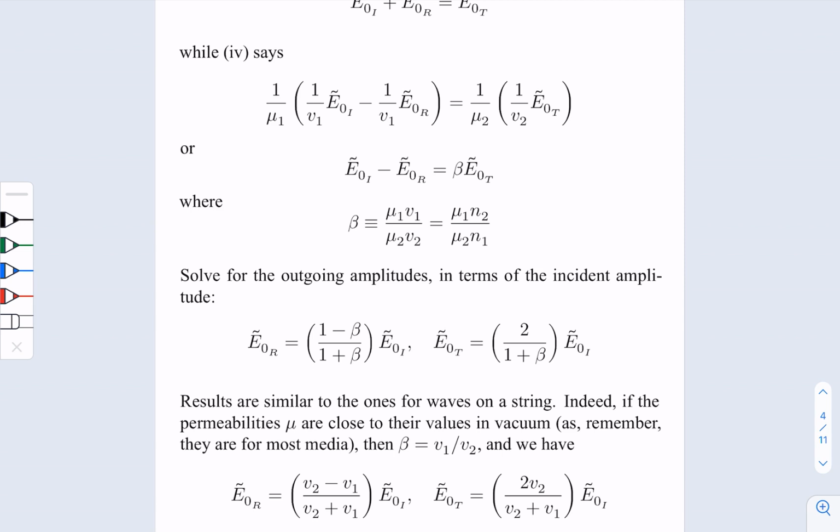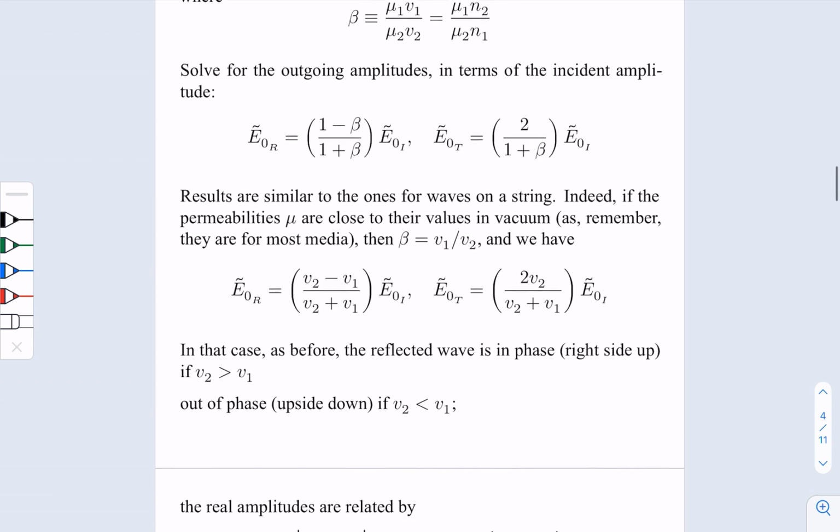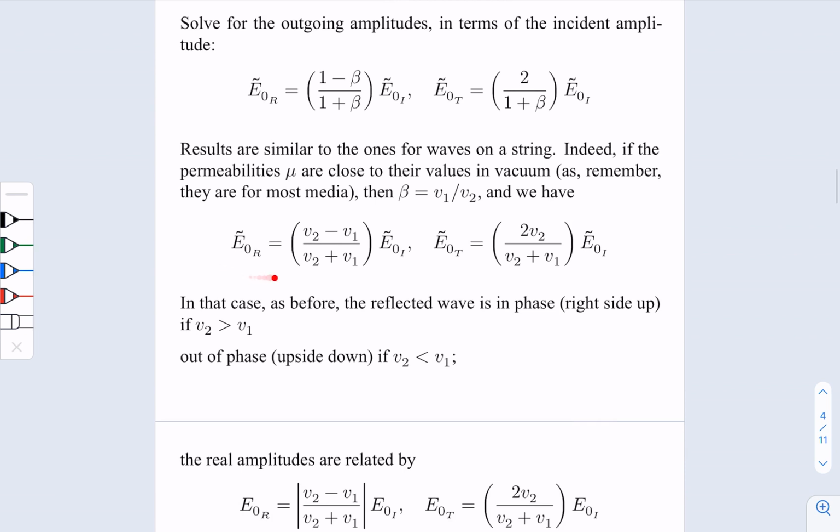So we see that since the mu here is almost close to mu naught, we can actually set mu1 equal to mu2, and in this case we see that it's very similar to what we have calculated before for waves on a string.